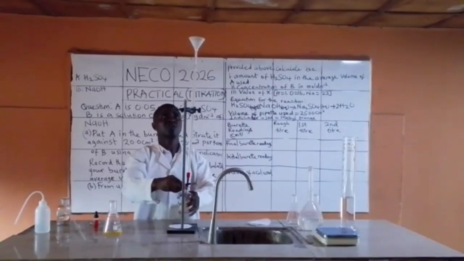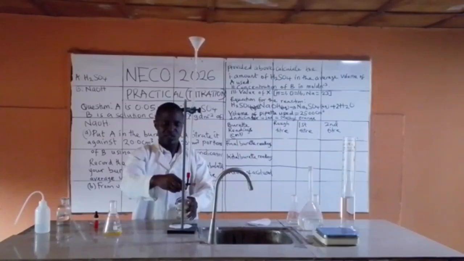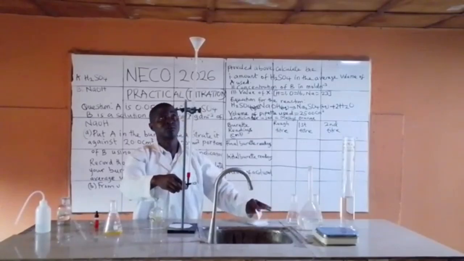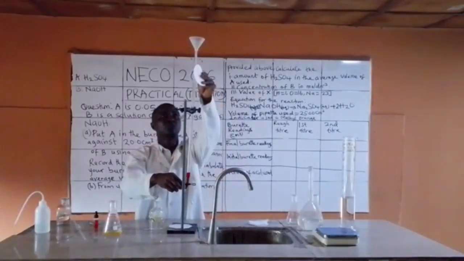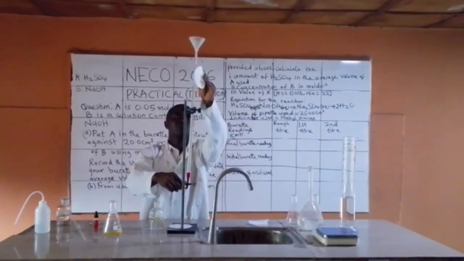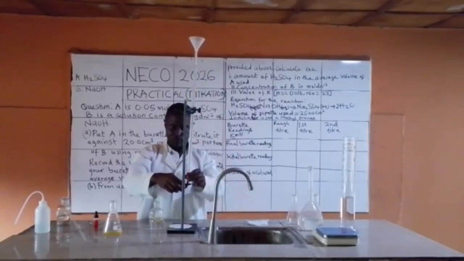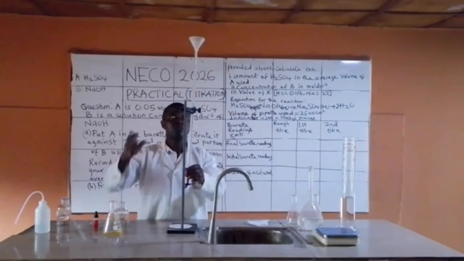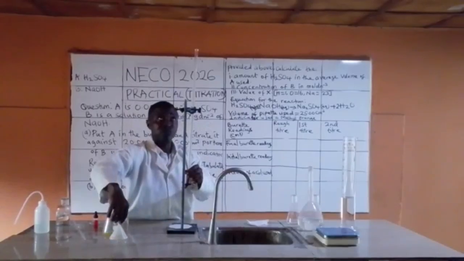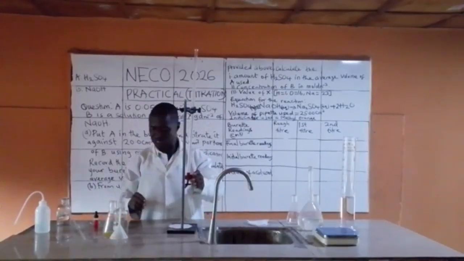The starting point of the burette is to be set at 0 cm³, which you can observe properly with the use of filter paper. Then the filter funnel is removed from the top of the burette.